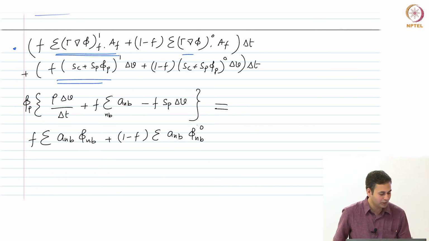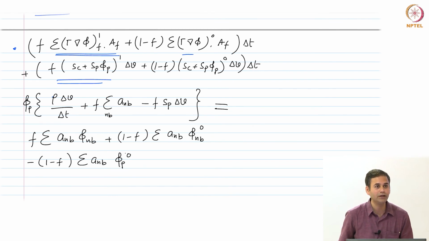It will come with a minus. So, that will be minus 1 minus f times sigma A and B times how much? Phi p 0, right, because phi p 0 will have east, west, north, south, all of them clubbed, right. Do you see that? Okay.